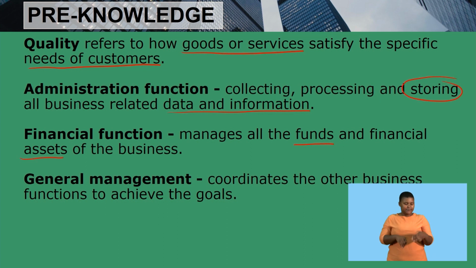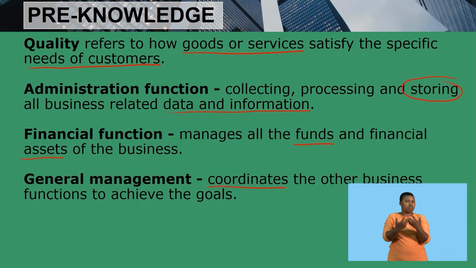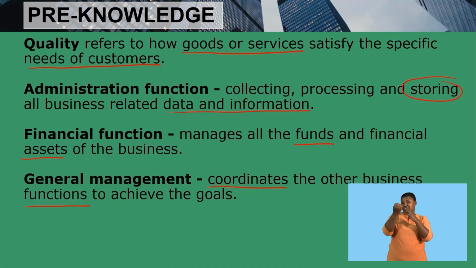And then lastly, our general management function. So this is our function which is responsible for coordinating all the other business functions. And why do they do this? They want to achieve certain goals. Right, so this is what you should know already.